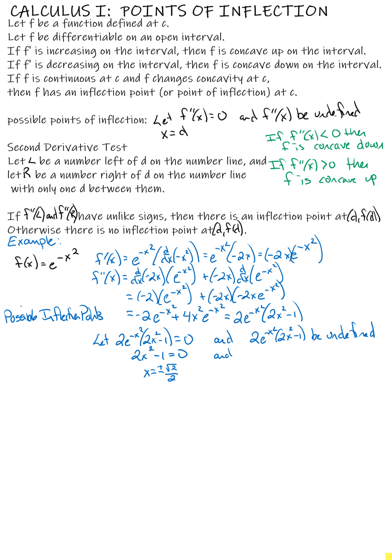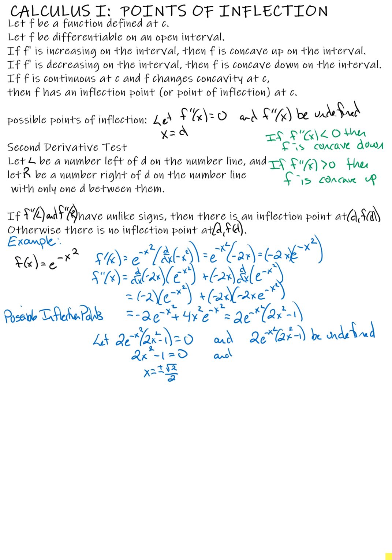And the only time this would be undefined, well, remember, that's a polynomial. That's never undefined. This would only be undefined if its denominator is undefined. So let's just go through that.